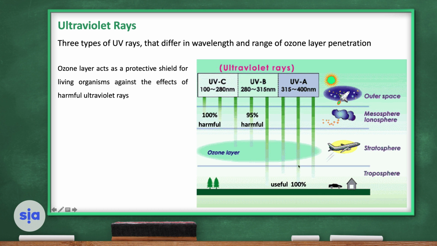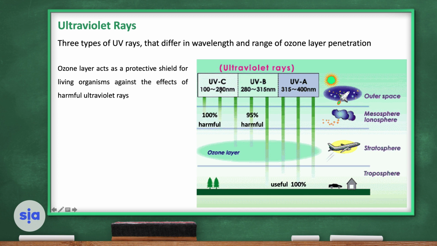I mean that all the rays will penetrate the ozone layer. Ultraviolet B, it's 95% harmful, and only a small part can penetrate the ozone layer. 95% do not penetrate.